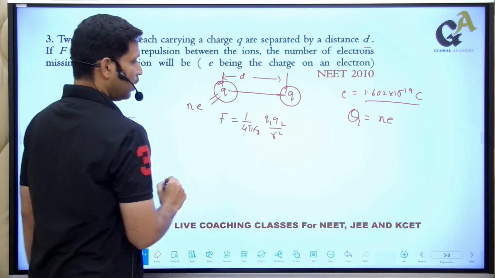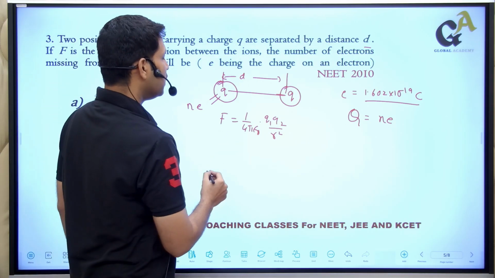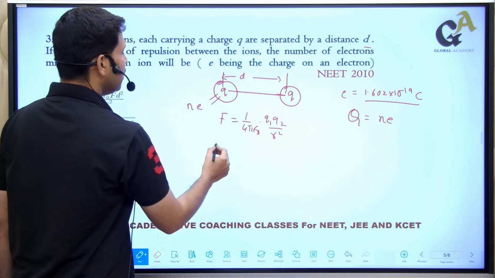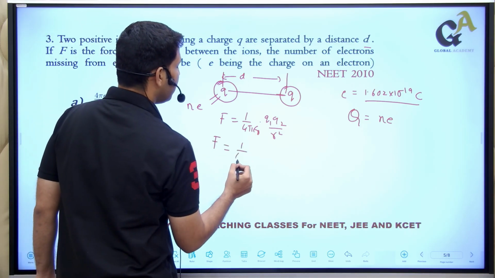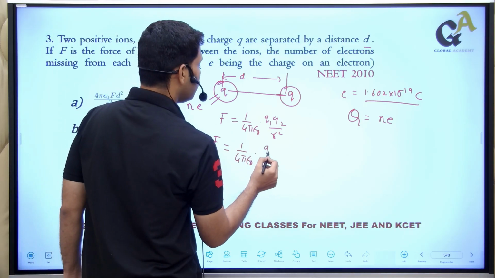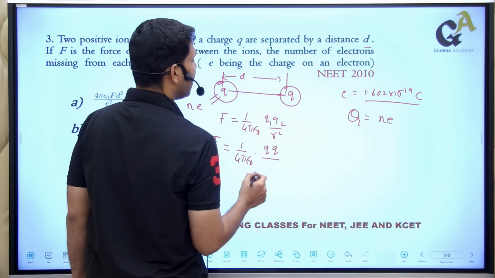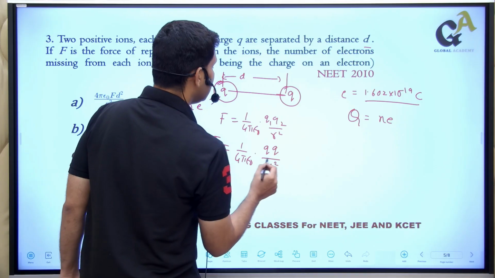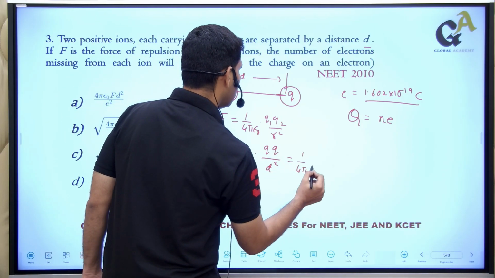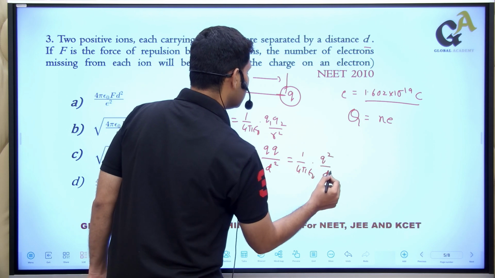Now we have to substitute this value in this Coulombic electrostatic force. That is F is equal to 1 divided by 4 pi epsilon naught, Q into Q divided by D square. So this gives 1 divided by 4 pi epsilon naught into Q square divided by D square.